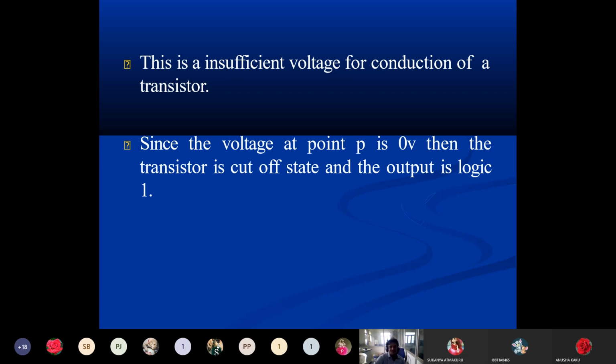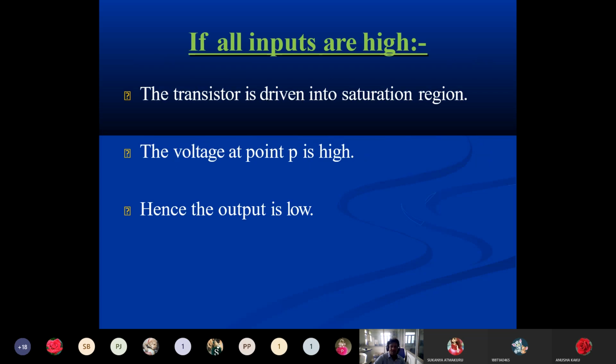If the voltage at point P is 0 volts, the transistor is in the cutoff state, and the output is logic 1. In this we also have two conditions. One is that if all inputs are high, the transistor is driven into the saturation region. If both inputs are high, the transistor will be driven into the saturation region.